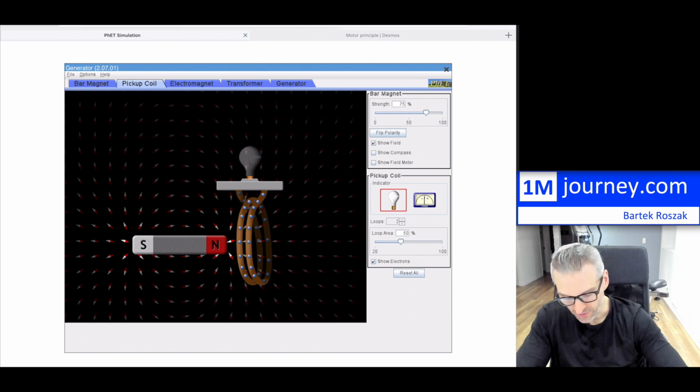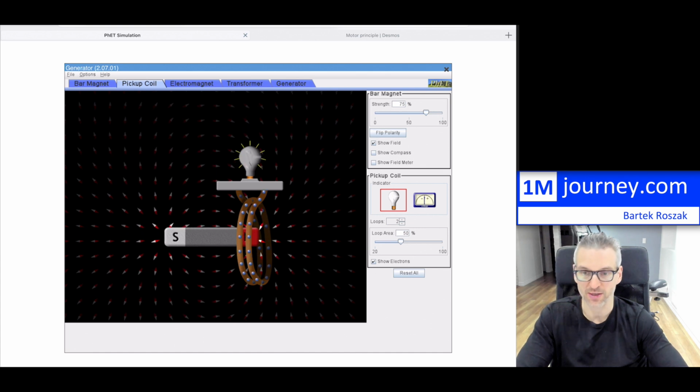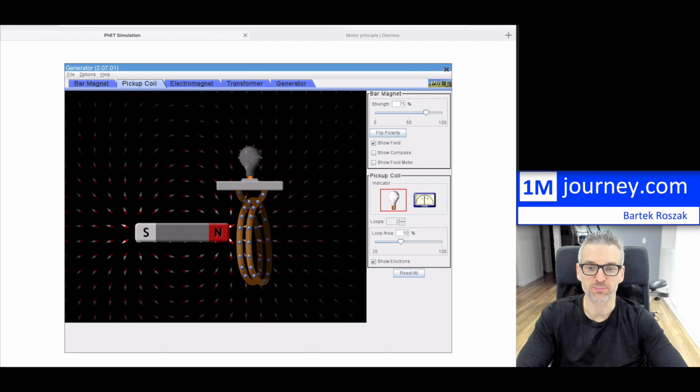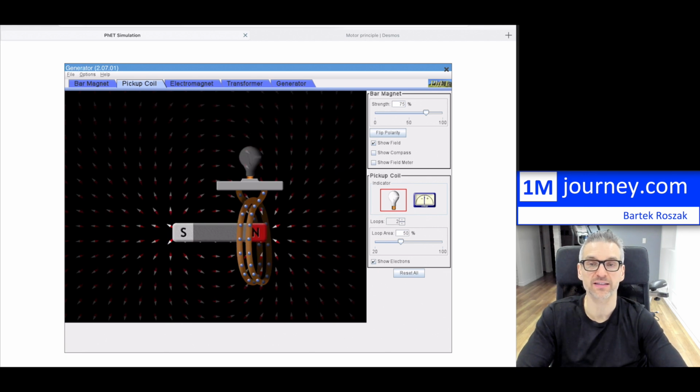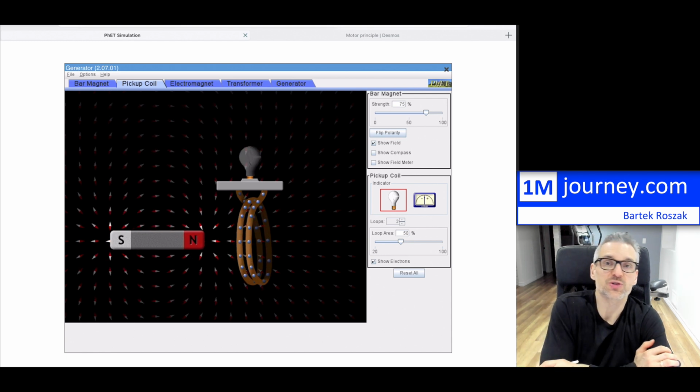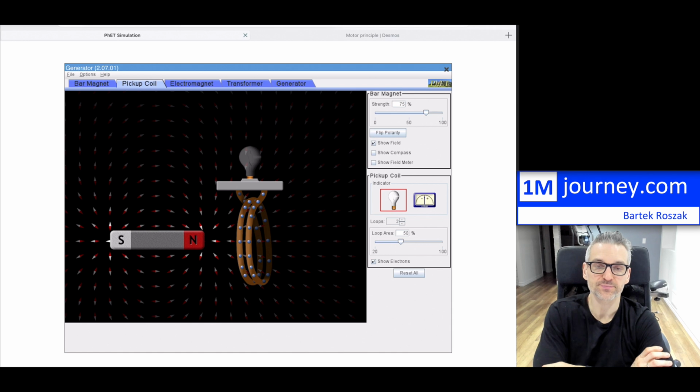So within here, for example, the idea was that we can just move a magnet back and forth, and as you can see, the light bulb is turning on and the electrons are going back and forth because we're changing the magnetic field. Now, Lenz's law was all about seeing that, due to the conservation of energy, the actual current is going to flow in such a way that it resists the magnetic field change that is happening.